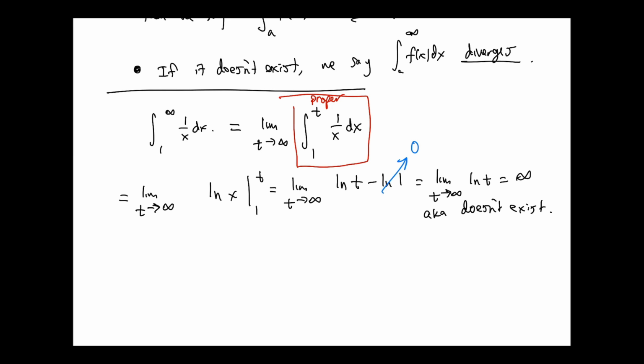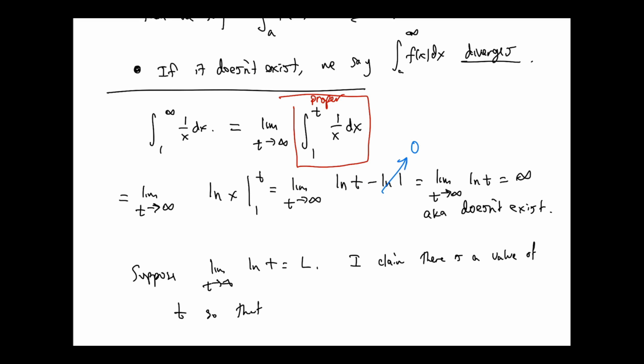So suppose it's not infinite. Suppose the limit as t goes to infinity of natural log of t equals L. What I'm going to do is show you, pick a value, Cole, as big as you want.